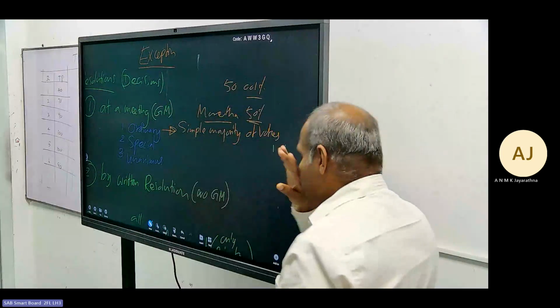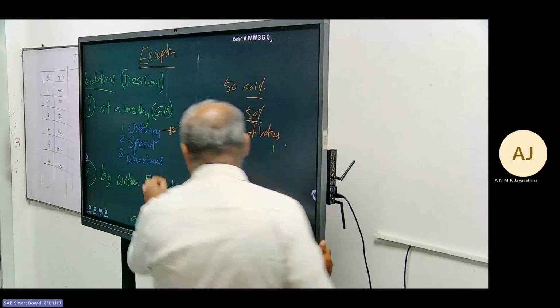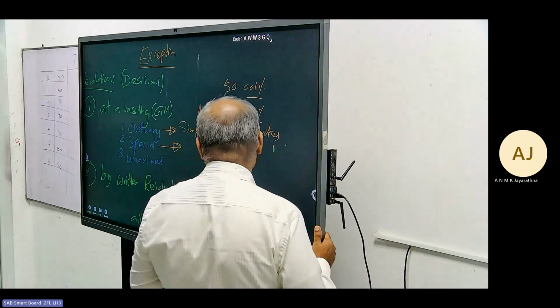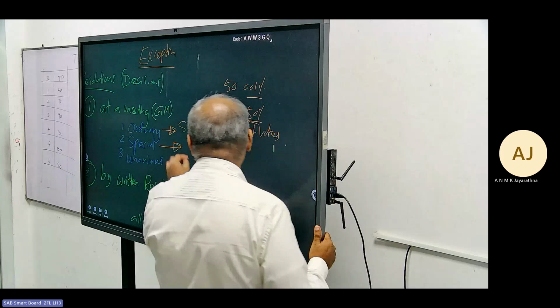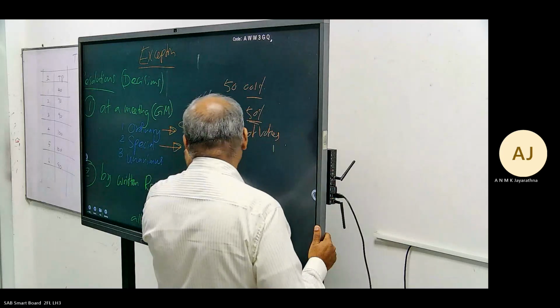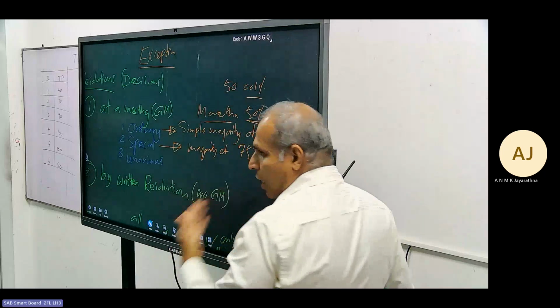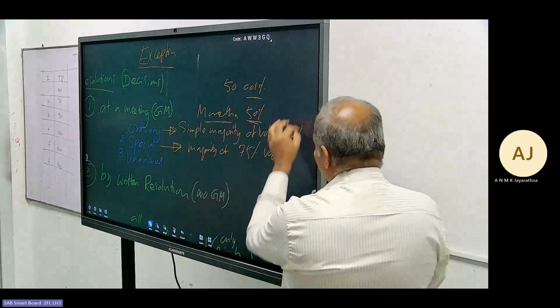Now, the special resolution. This is a resolution which is passed by a majority of 75% of votes at a meeting.